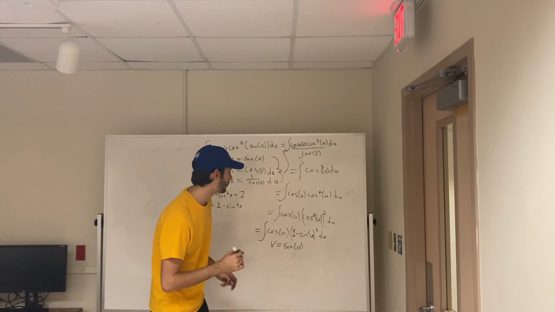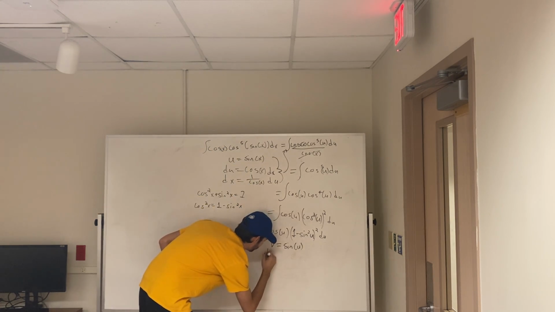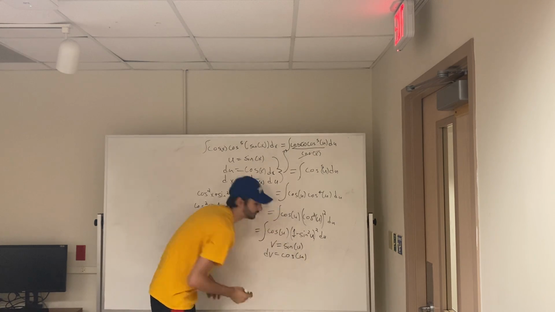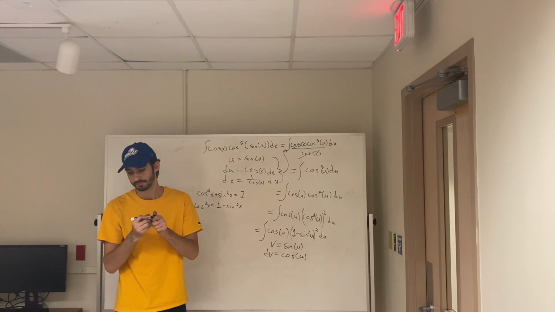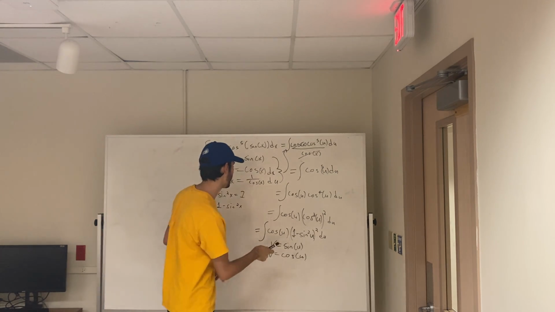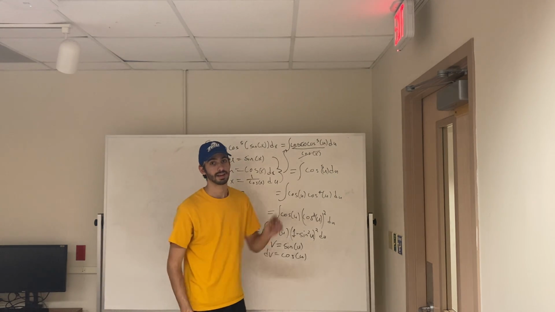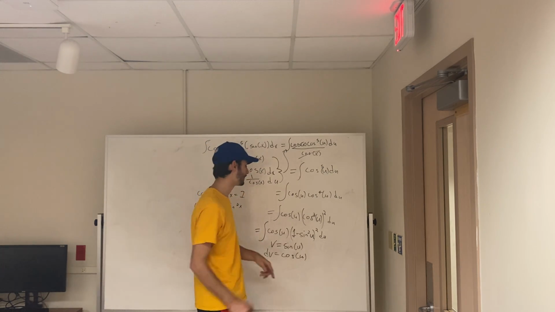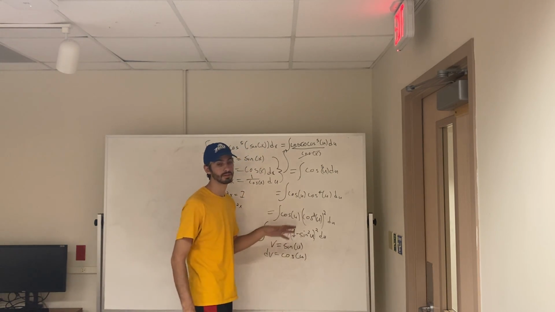And then we are going to do the derivative of that, which is going to equal cosine u. And now we have to solve for du, because we have a new variable present. With one variable substitution, we have to have the entire integral in the same variable.